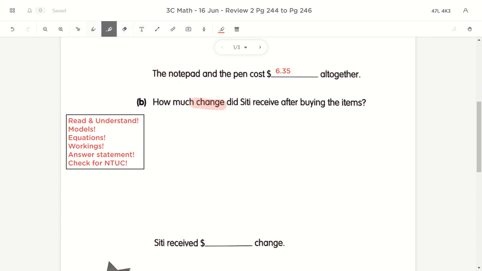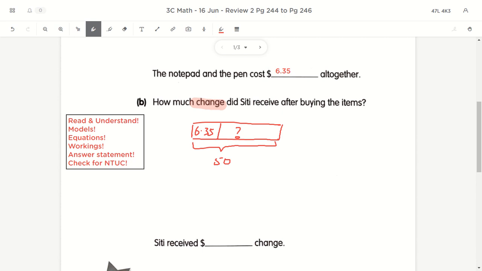So all you need to do, again, let's draw a model, part whole as well. So you gave the cashier $50. So everything I give to the auntie is $50. But I actually only use $6.35. How much should I get back? So obviously all I need to do is just use $6.35 and subtract it from $50.